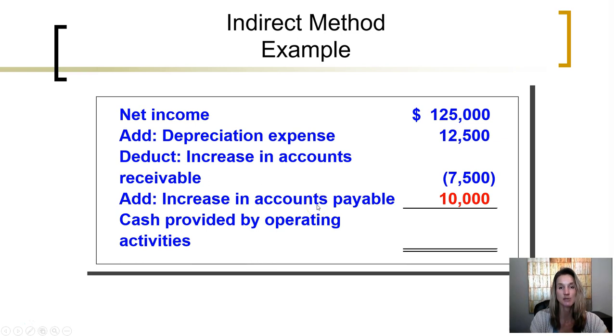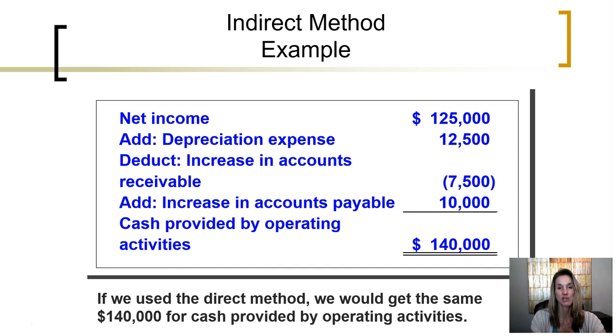The next adjustment to be made using the indirect method is to look at current liability accounts. ABC had a current liability account, accounts payable, that increased $10,000 during the year. The indirect method indicates we need to add back the amount of the increase in the current liability from the beginning of the year to the end of the year.